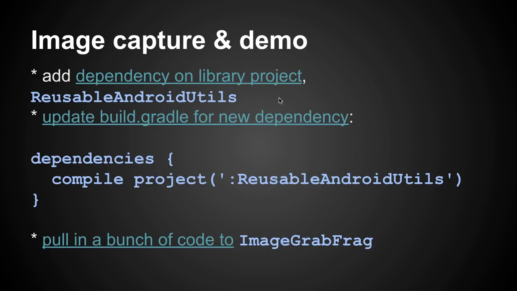So just a quick note about the things that I've put into this library. There's some helper code for dealing with cameras. Typically you'll need to implement a photo handler, so I've implemented a generic photo handler in here. I have some file utils that help with saving to file on the SD card.